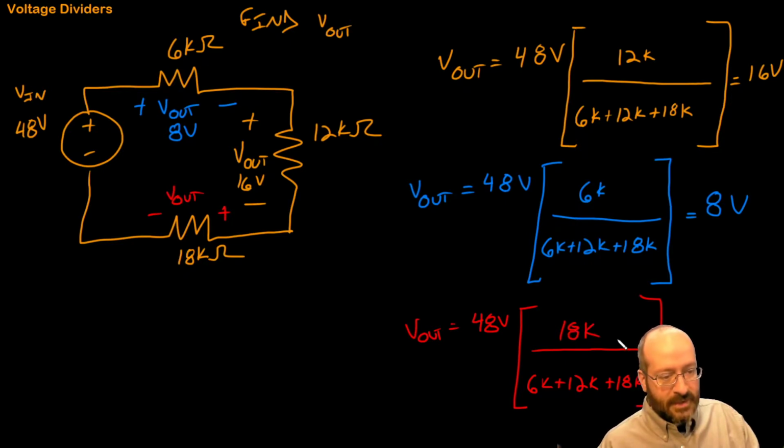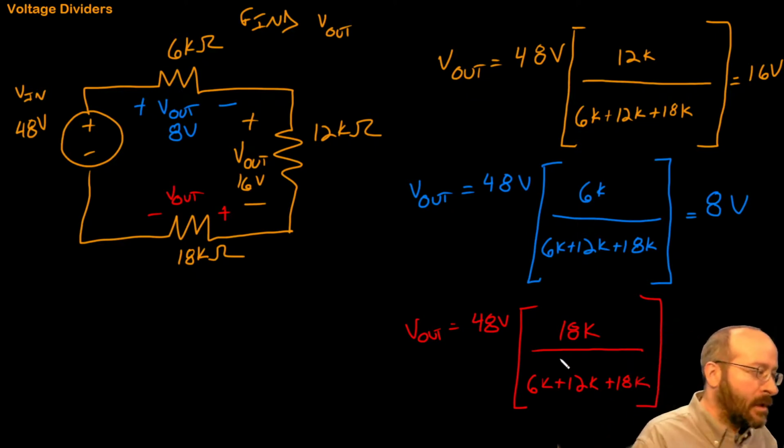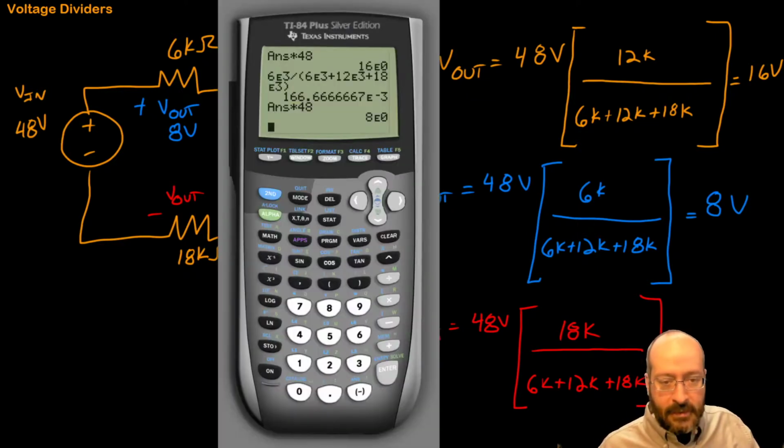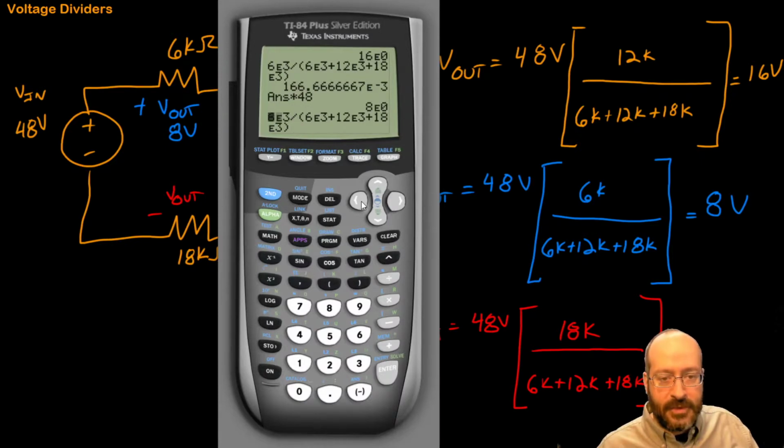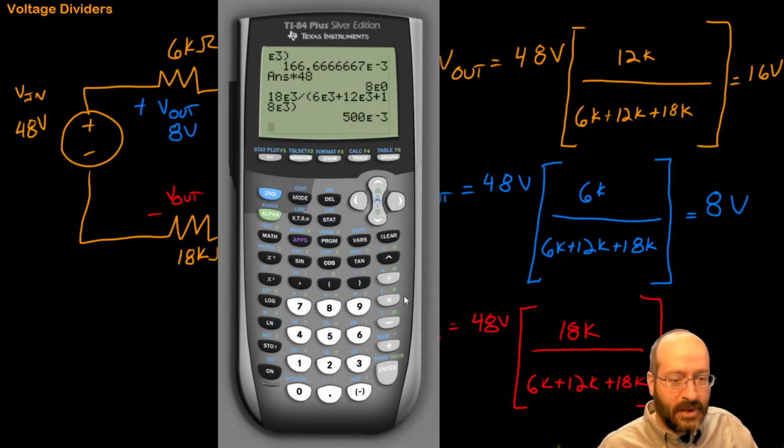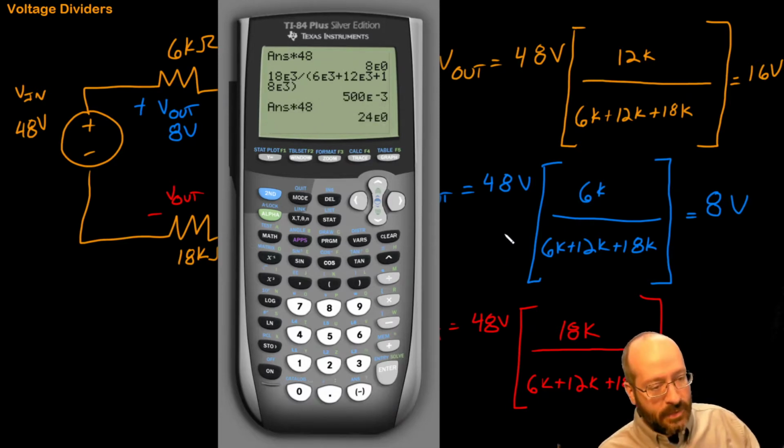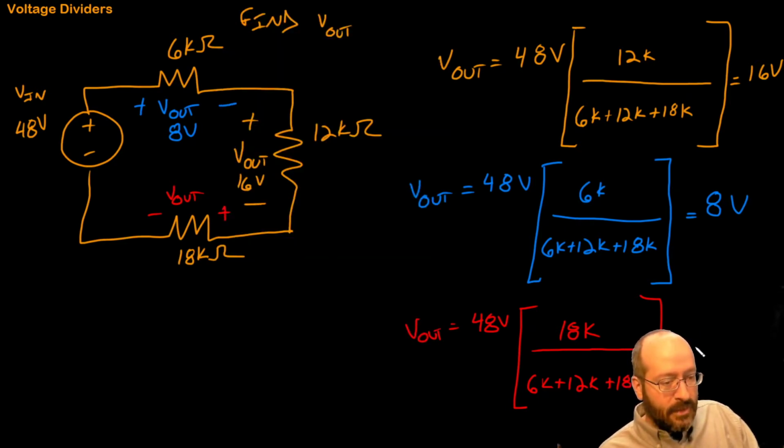Okay, but here's 18K in the numerator. So for the red V out, we've got 18K over there. All right, a little bit of calculator work. Change it to 18K, and we're going to get half, of course. So half of 48 is 24. All right, come back over here, and we've got 24 volts.